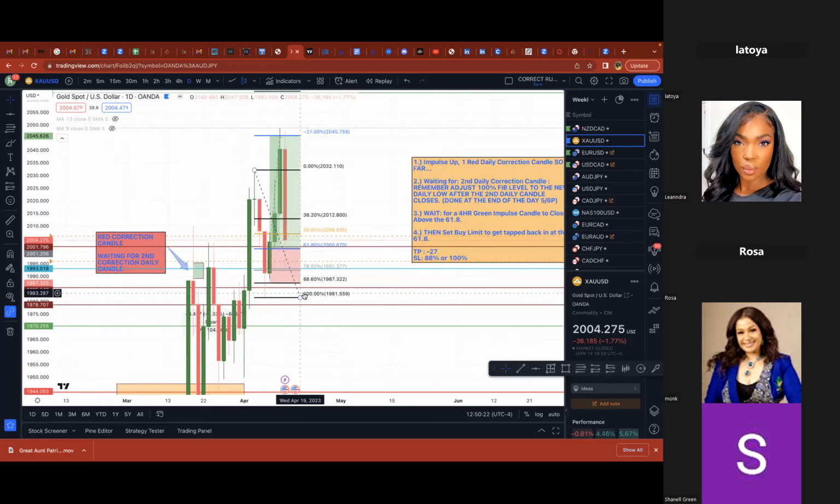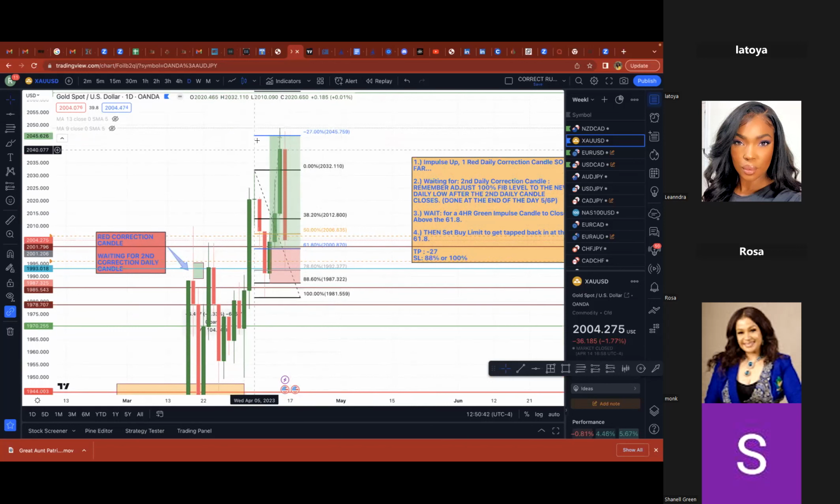Hold on, let's see. You see the correction here, these 2 red candles. We want to fib in the direction that price is going, so we're fibbing from the bottom to the top.